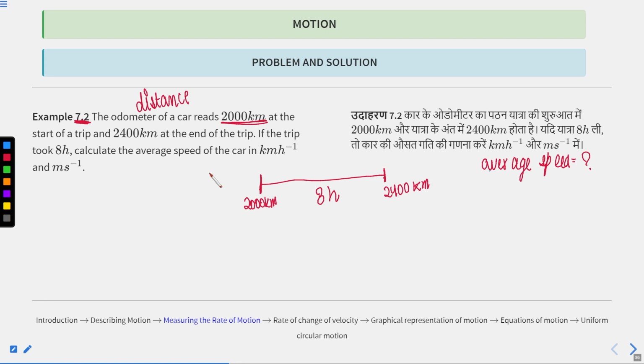Time is given. First we have to calculate distance traveled. And how much distance have we traveled? Distance traveled is 2400 minus 2000 kilometers, which is 400 kilometer. So that person has traveled 400 kilometers in 8 hours.